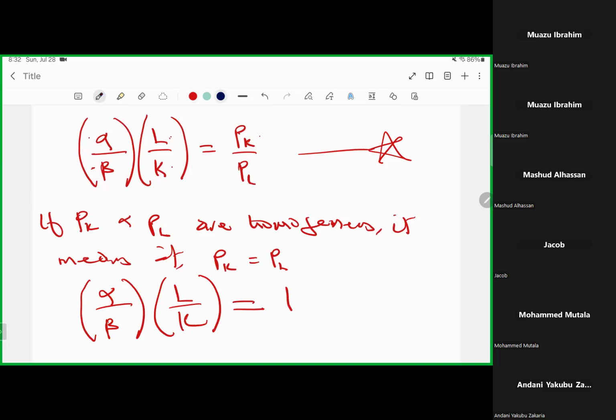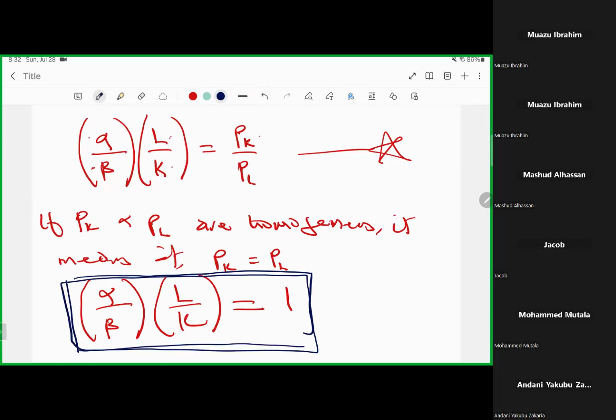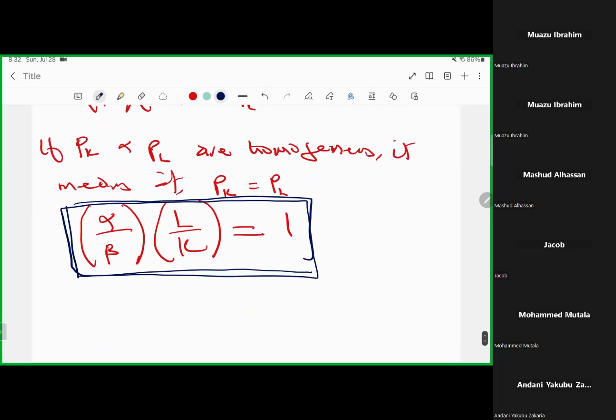And 1 is units. And that is what we have shown. So if this comes in an exam, this is your final answer. Which means the ratios of the elasticity of capital and labor times labor over capital is 1 if you are paying the same for the production inputs.